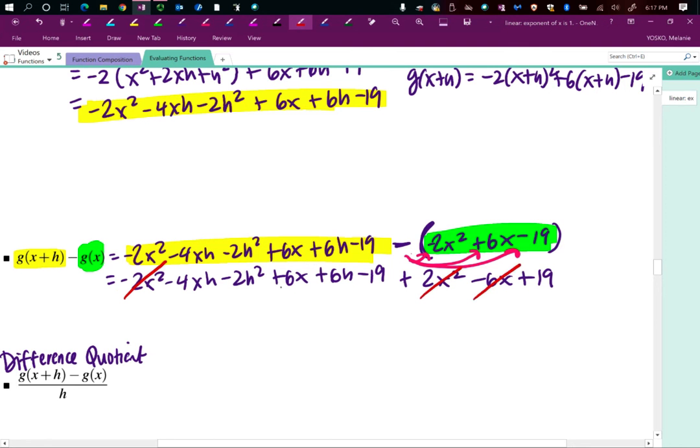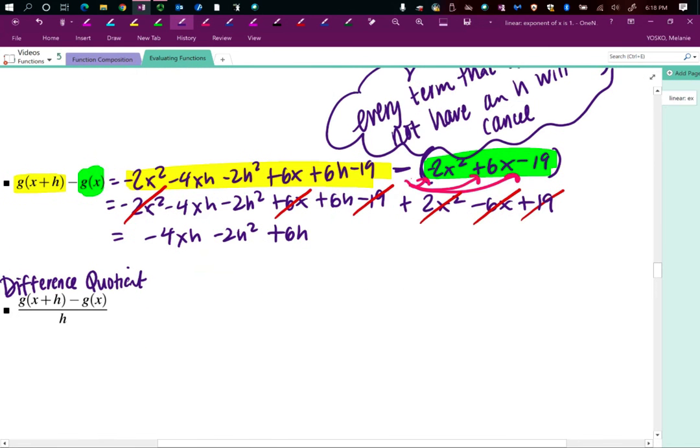Negative 6x plus 6x. Positive 19, negative 19. So this part back here, the g of x will always cancel. Okay, now look at the terms that are remaining. Everything else that we have not canceled has an h in it. It may have more than one, right? But every single term that does not have an h in it will cancel, or you messed up.